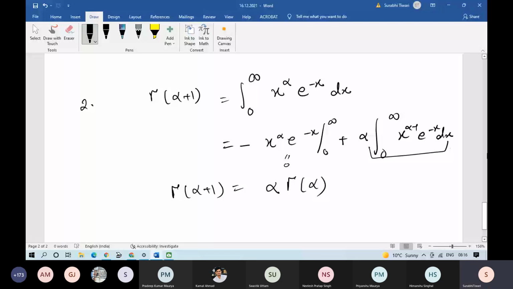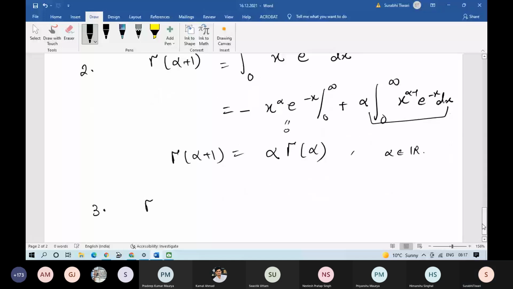See, so alpha is a real number. Now, if alpha is an integer, then gamma of m plus 1 is m factorial, where m is a positive integer or a natural number.